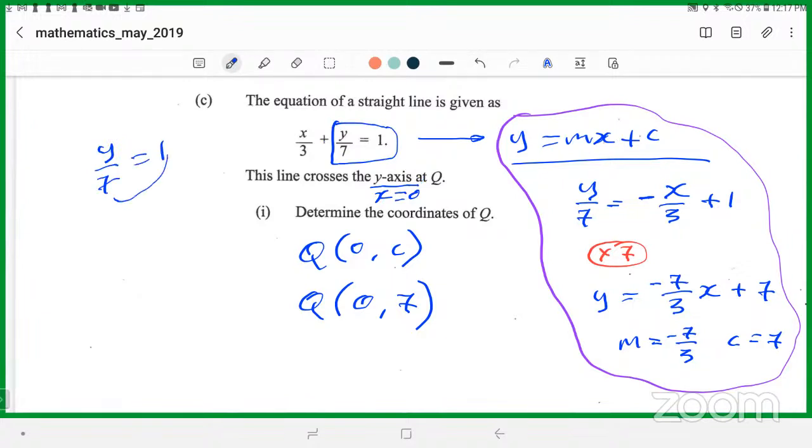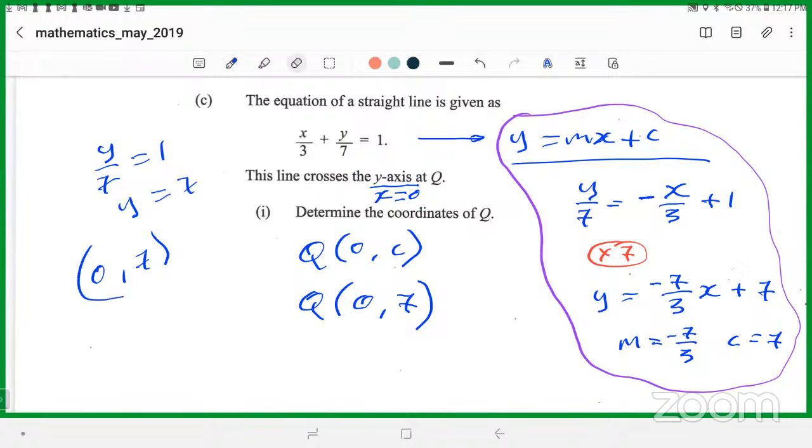Then if you multiply up the 7, you get y equals 7. So the x value is 0 and the y value is 7, so you get the point (0, 7) still. That's another way to do it. Same (0, 7).